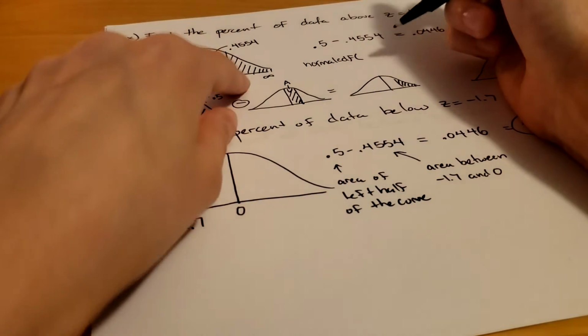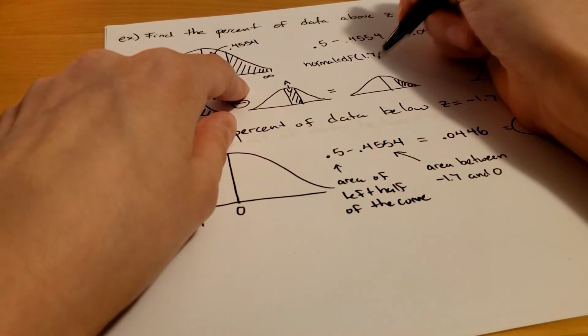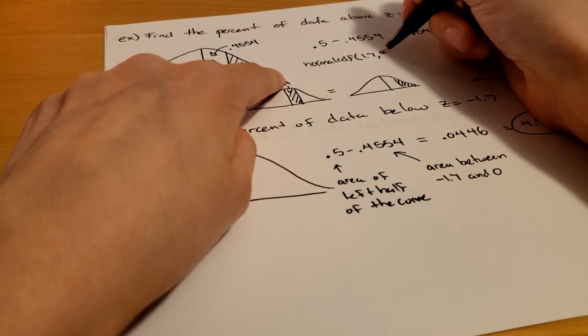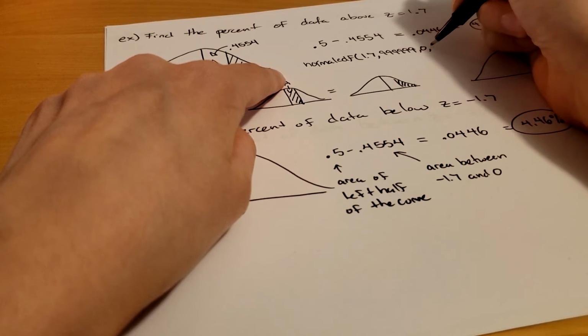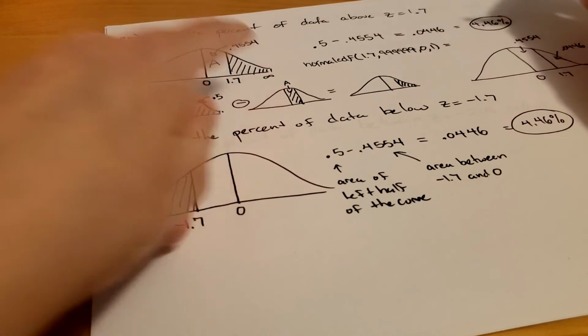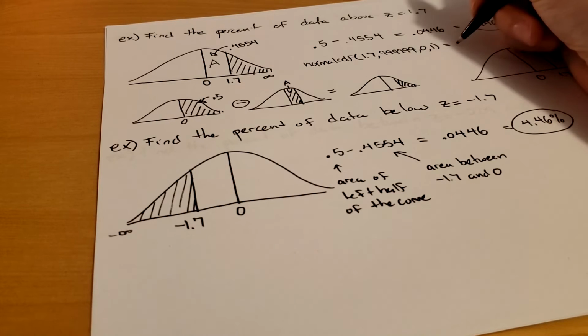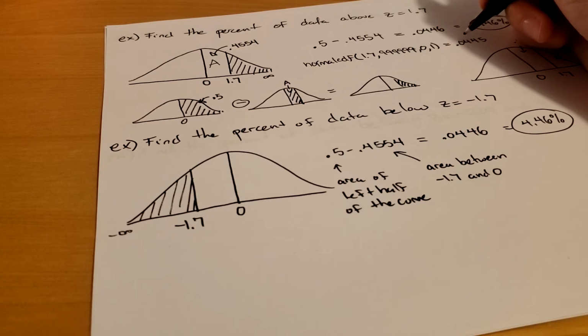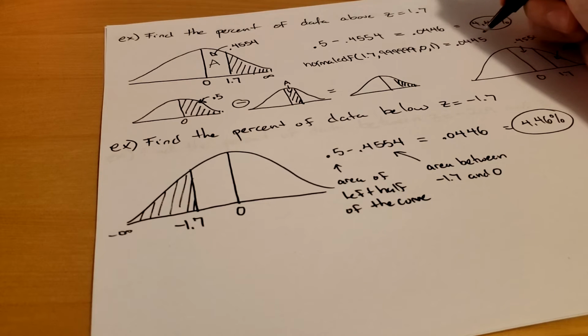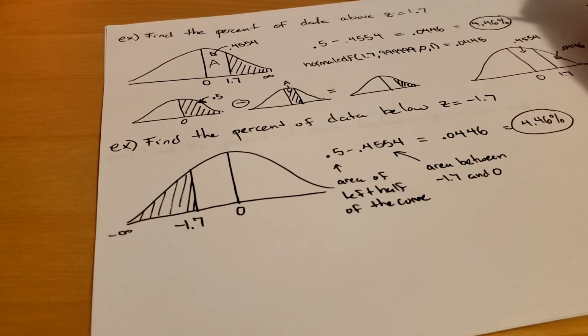Our lower limit here is clearly 1.7, and our upper limit is going to be positive infinity. So we throw a bunch of 9s in there, then the mean 0 and standard deviation 1, hit enter and see what we end up with. It's 0.04456, which rounds to 0.0446, the same thing that we had over here.